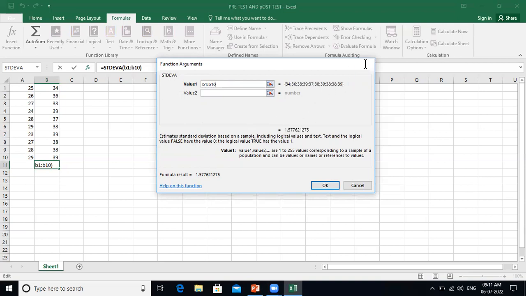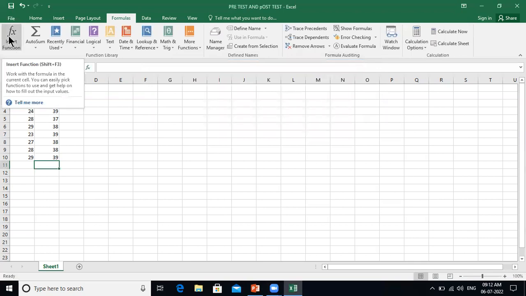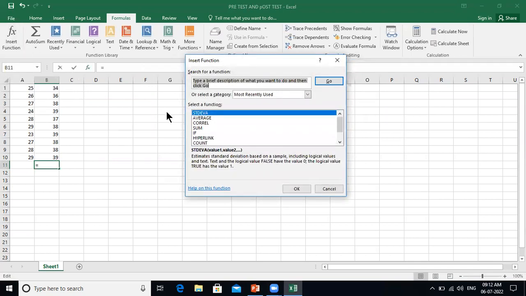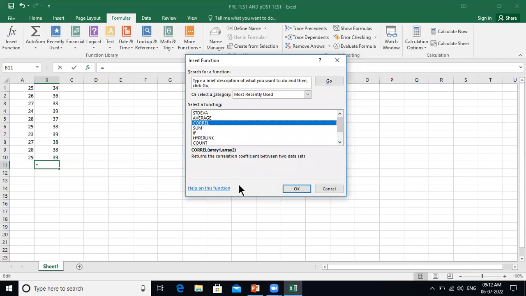Now, coefficient of correlation. See here, the third column, CORREL. Then okay.